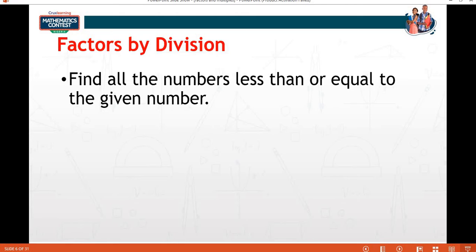That's the first thing to do when you are using division to find your factors.